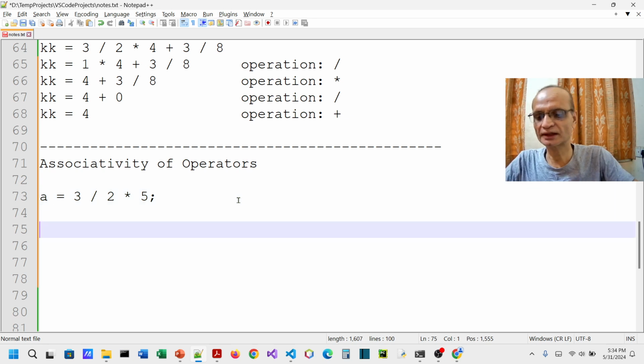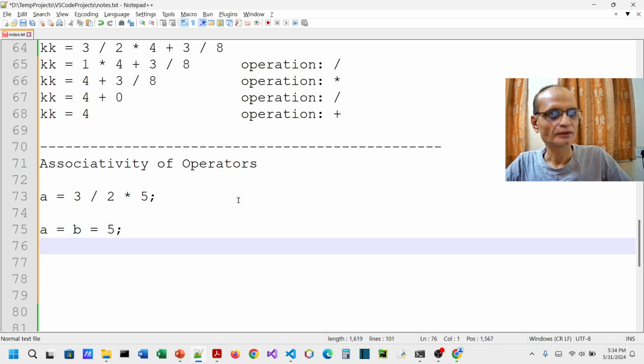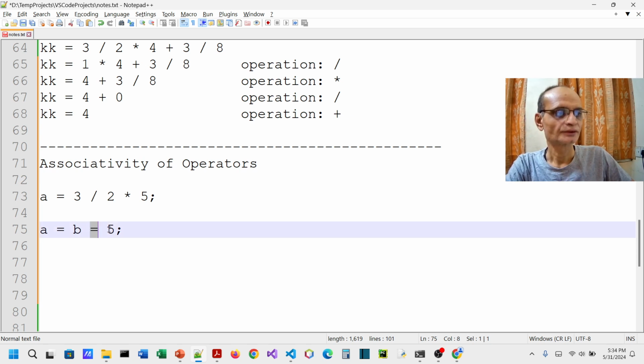Now another case can be like A is equal to B is equal to say 5. Now here the assignment operator has the same priority, so the order of operation is decided using associativity of the equal to operator. Equal to associates from right to left. Why?